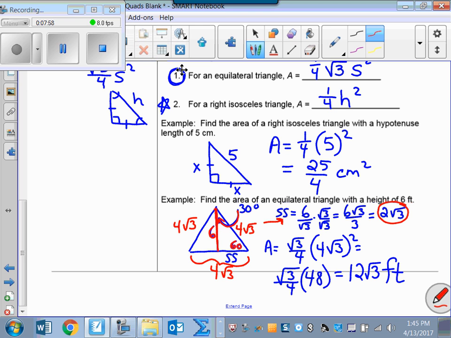So I could use 1/2 base times height, but I'm going to use my new formula I learned, and here it is right here. So plugging in 4 times the square root of 3 for my side length, square it, and then I get 12 times, oops, I messed up, 12 times the square root of 3 feet squared. Don't forget to use the proper units.